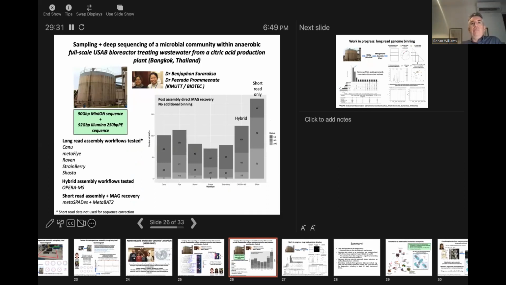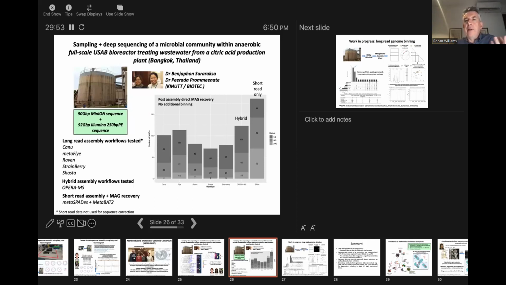So the results I described previously were from simple enough microbiomes that we could capture the key species in complete closed form with long-read sequencing. But when you move to a more complex community like this, it's not that simple, right?